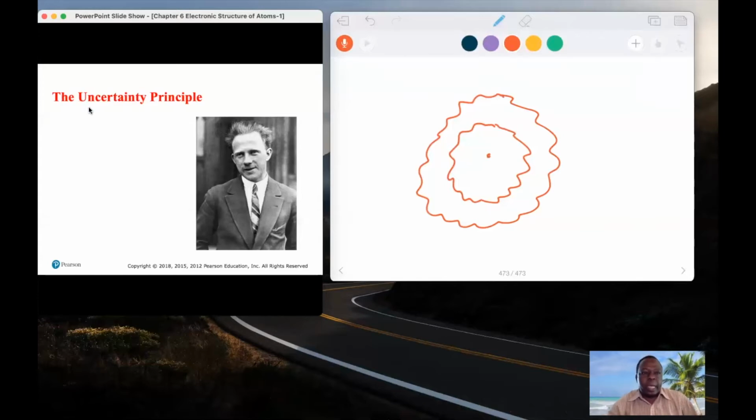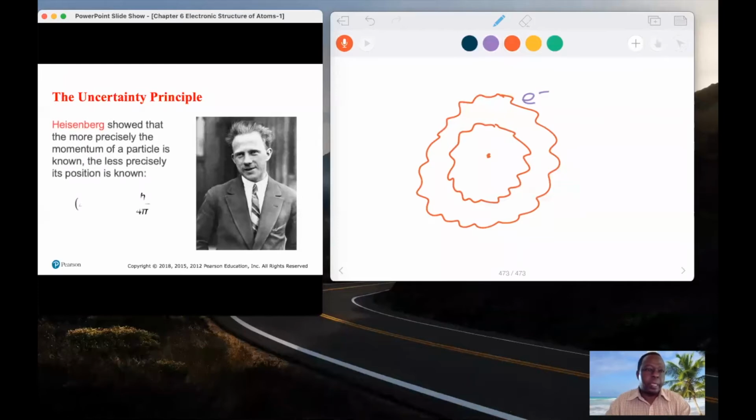That is where uncertainty comes in. Uncertainty means it's impossible to know with certainty the position of an electron moving around the nucleus. We cannot know the position and at the same time know its speed.